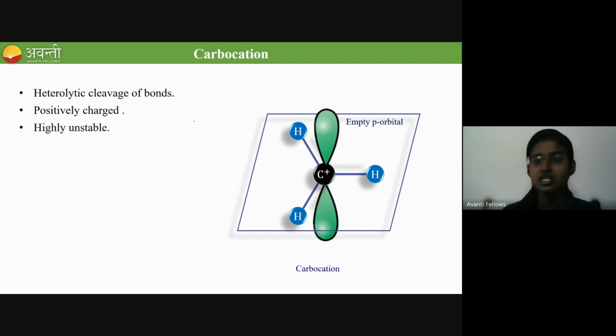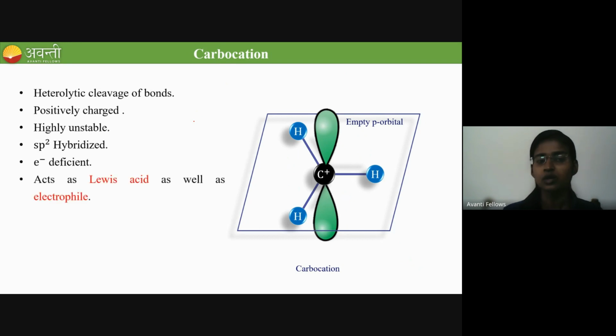It is sp2 hybridized like free radical, and it is electron deficient like free radical, but it acts as a Lewis acid as well as an electrophile. Radicals were not considered to be a Lewis acid, but here it is. Why? Around this carbon, we have 3 bonds, and each bond contains 2 electrons.